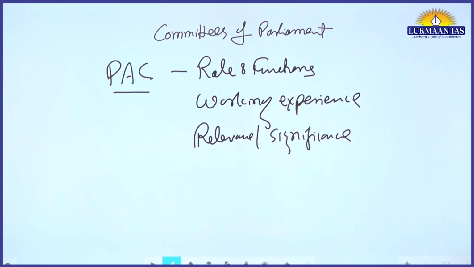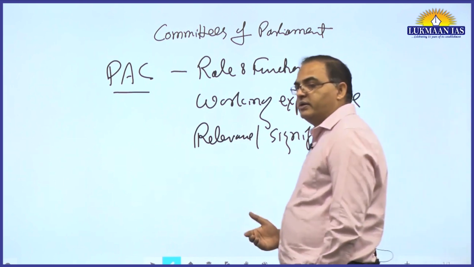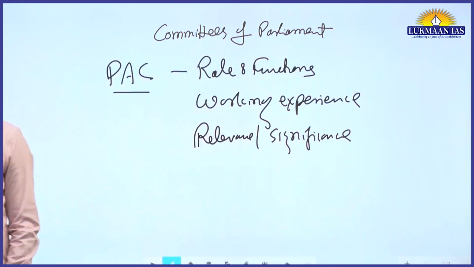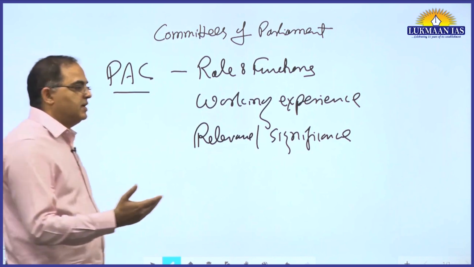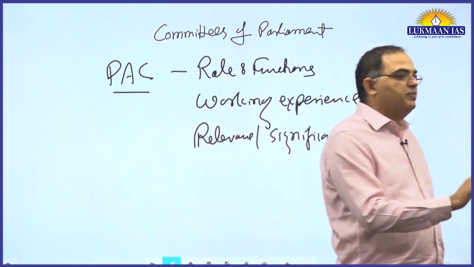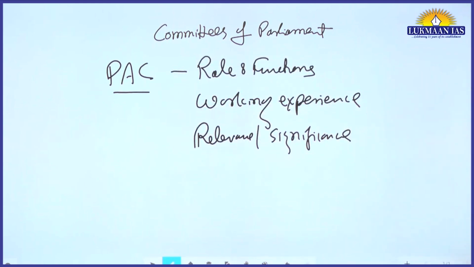Then there is one general tendency in the government that they generally do not cooperate with the committees. Committees get frustrated. The committee will summon officials, and officials will say they do not have time, they are on a government project, and so on. So they do not attend. You keep sending summons after summons, they will not join. They will not give information. In the past there used to be a reply that the file is missing.